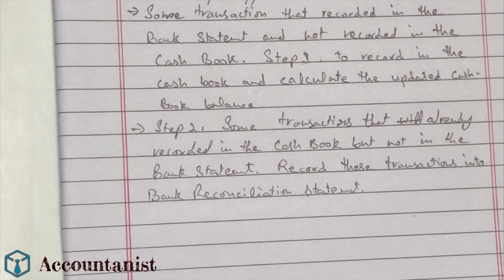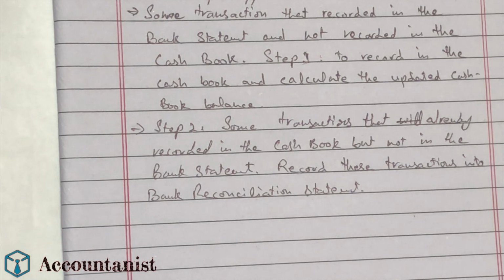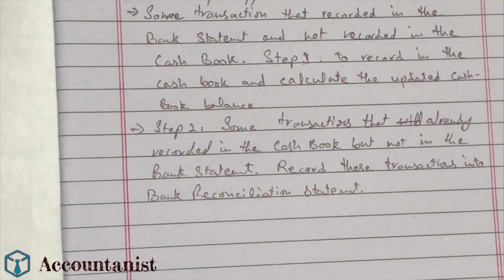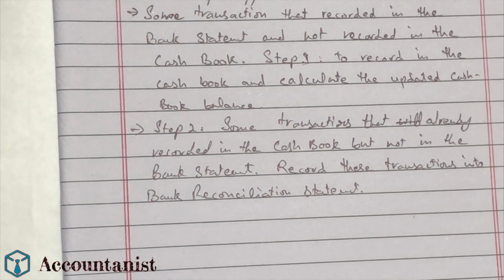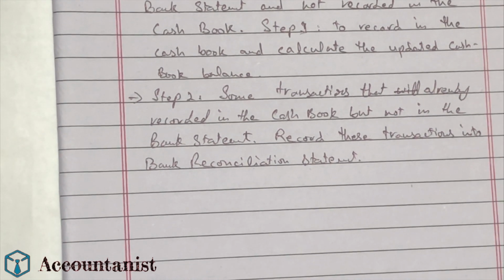So there will be two types of differences: one type goes to the updated cash book, and the second type goes to the bank reconciliation statement.